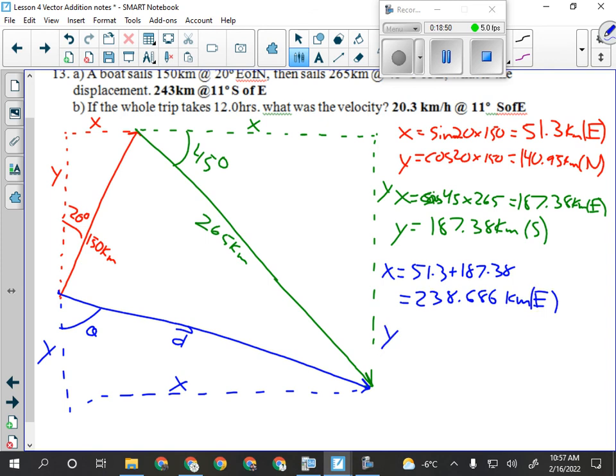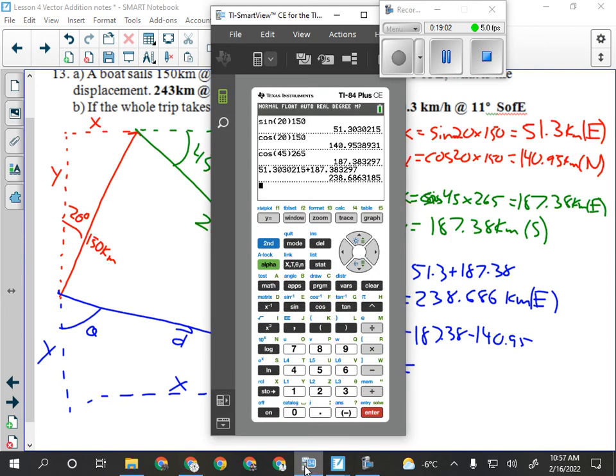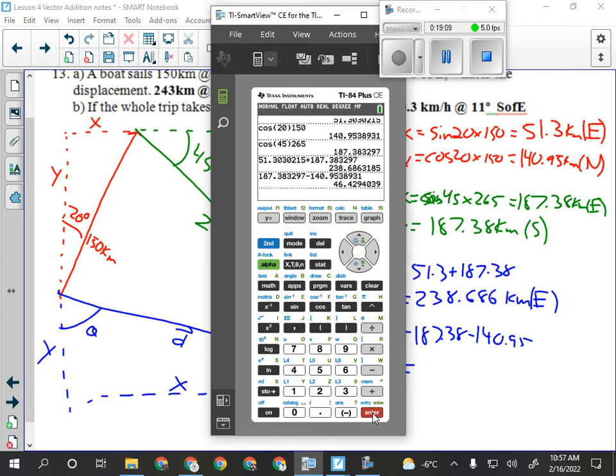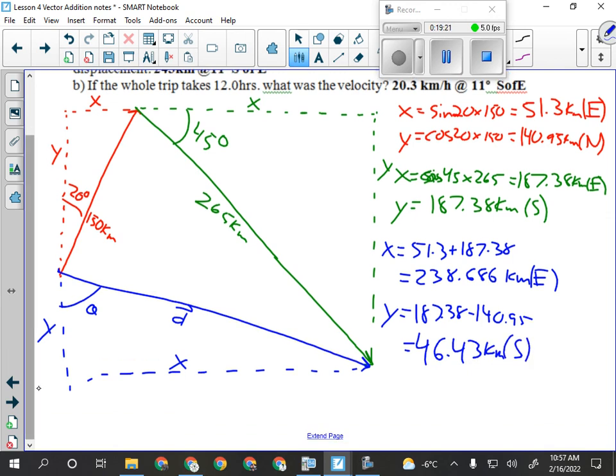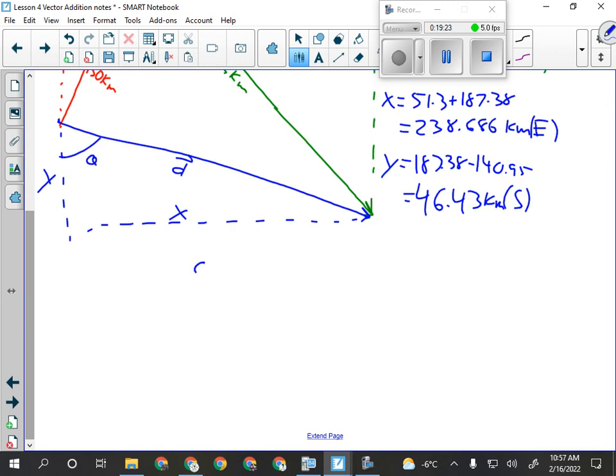And then y, we're going to have the 187.38 minus the north part, which was 140.95. 46.43 kilometers south. Okay, now that I've got those, now I can find my overall displacement using the Pythagorean theorem.